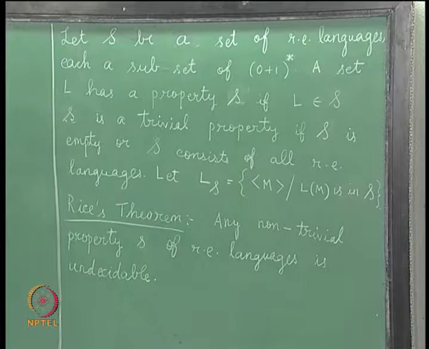What is Rice's theorem? Let S be a set of recursively enumerable languages, each a subset of (0+1)*. That is, without loss of generality, we assume that the alphabet consists of only 0, 1 and blank, of course. Input alphabet is 0, 1, apart from that you have the blank.